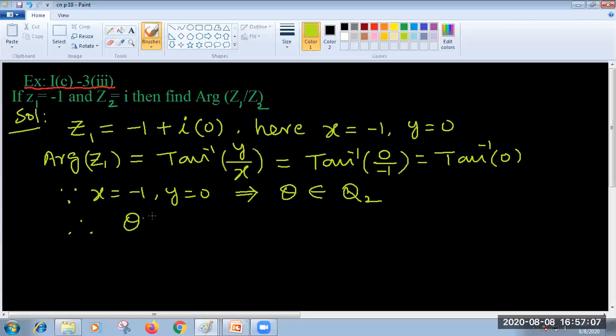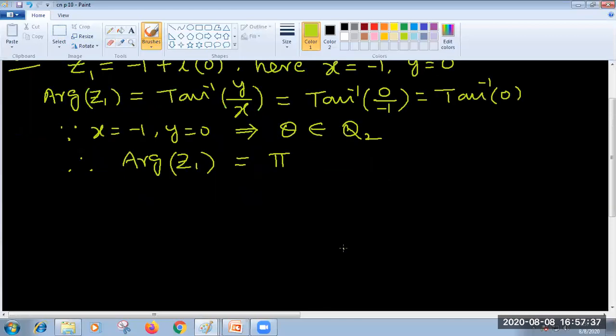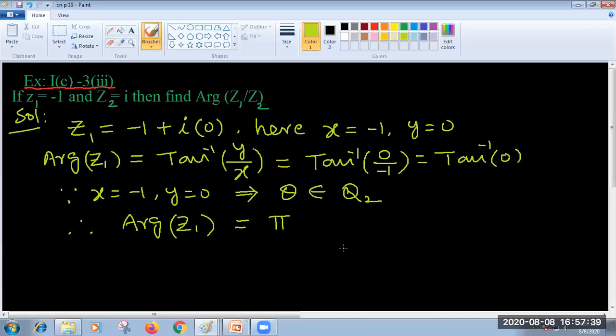But next, in the second quadrant, tan 180 is 0. So now the angle is 180. So you can take it as the argument of the first number, argument of Z1 is equal to pi. Similarly, we have to calculate the argument of the second one.